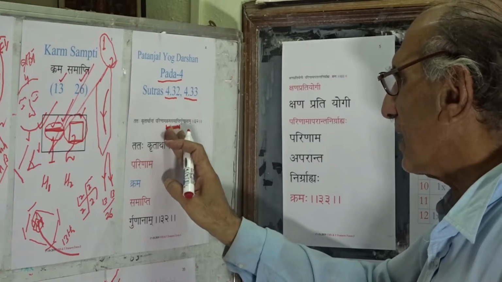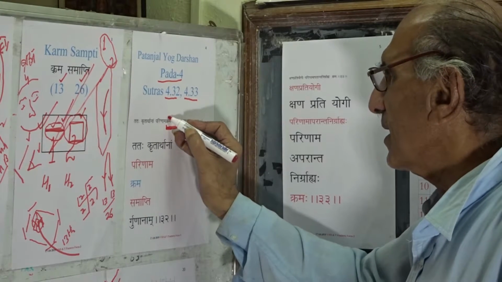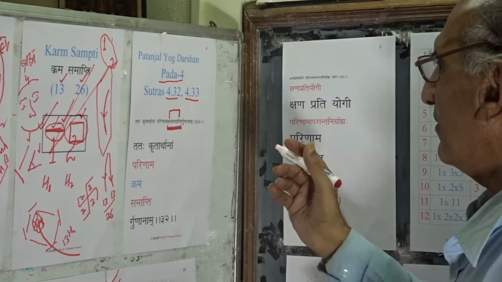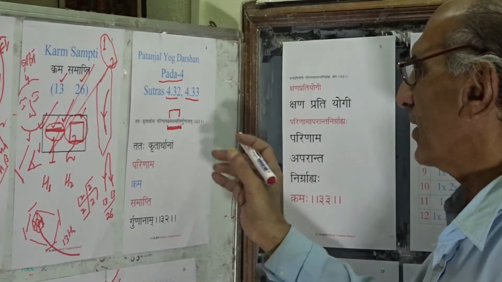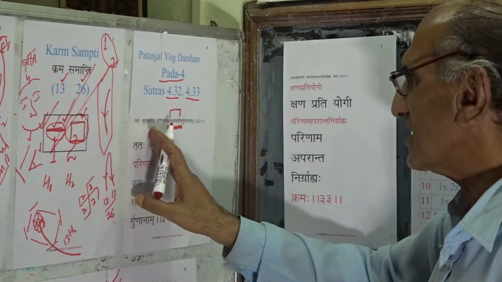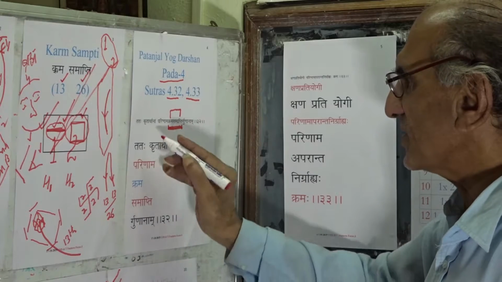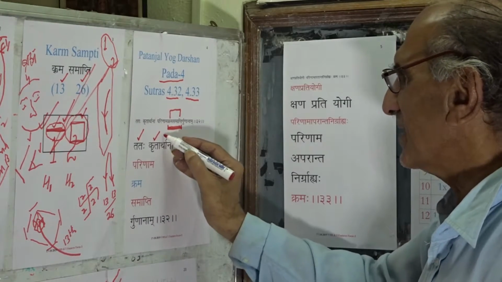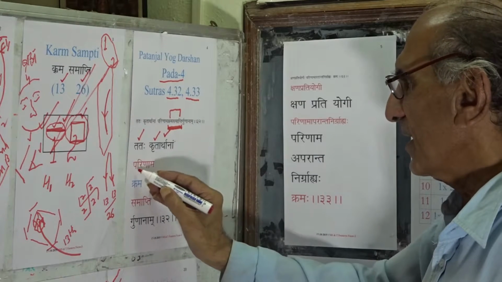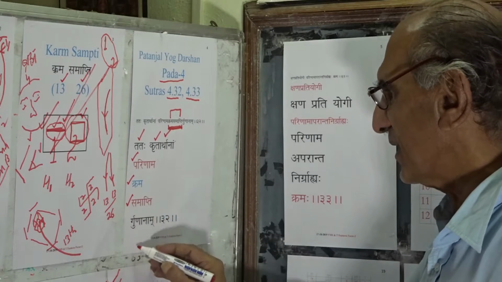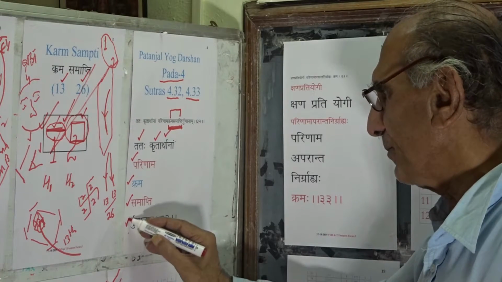Now, Kram Samapti is a formulation, it is a format. Now, to appreciate that, let us chase this particular text. It is Tat, then it is Krit, then it is Arthanam, then it is Parinam, it is Kram, it is Samapti, and it is Gunanam.